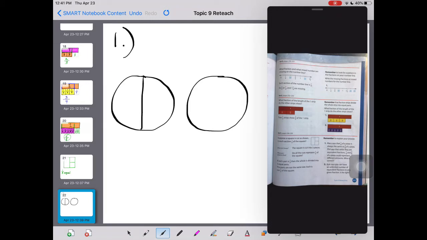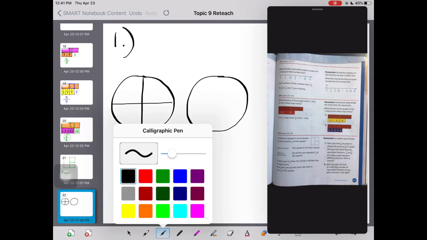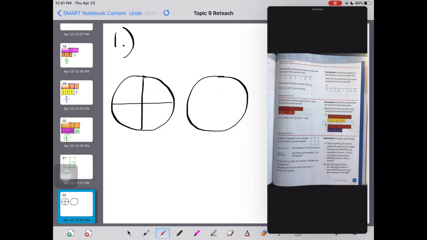The first one, we're going to cut into 4ths. So I have 1, 2, 3, 4. And I'm going to shade in 1/4, or 1 out of 4, right?